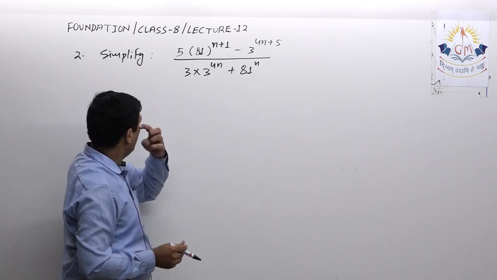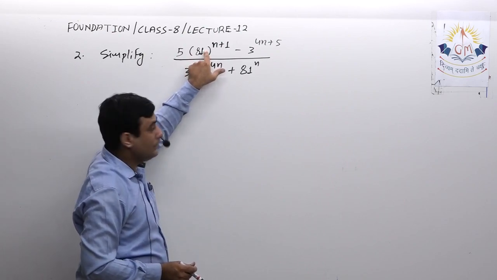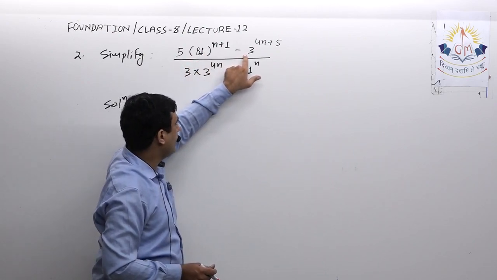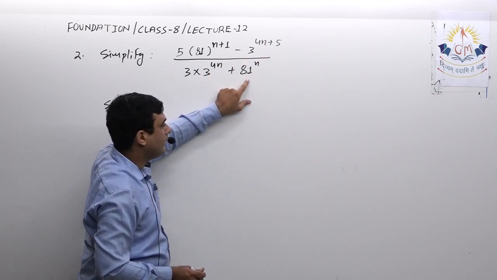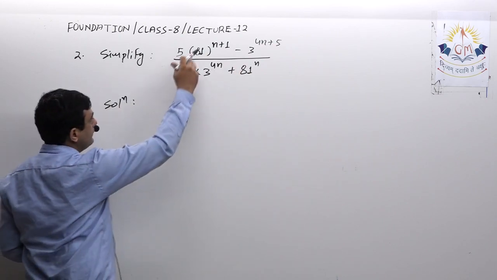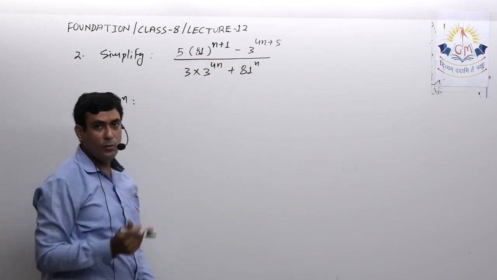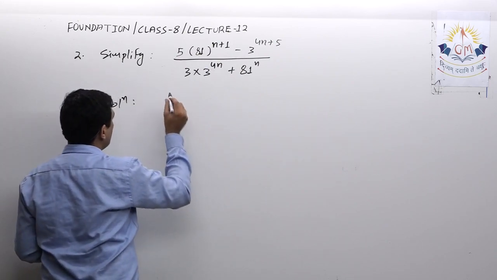See, if you observe here, 81 can be written as 3 raised to 4. Here we already have 3 raised to something, and again 81 can be written as 3 raised to 4. That means all the terms in the numerator and the denominator can be expressed in the form of powers of 3.